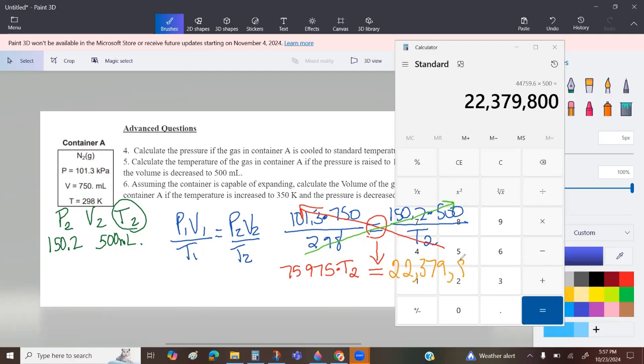Okay, so 22,379, comma 800. There's a decimal here, right? Then my algebra says I'm supposed to divide both sides by 75,975 to get T2 by itself. I will also bring down this incredibly large number.